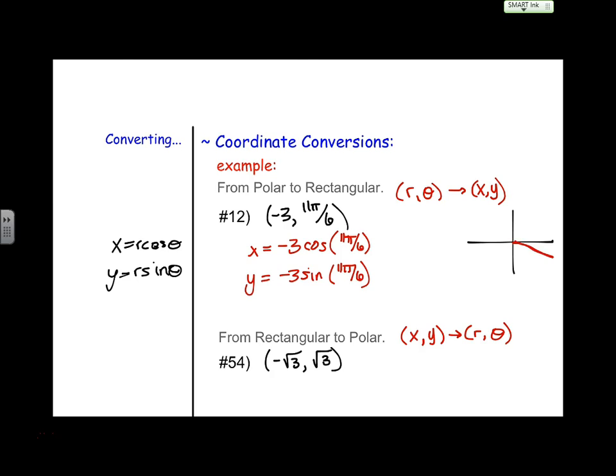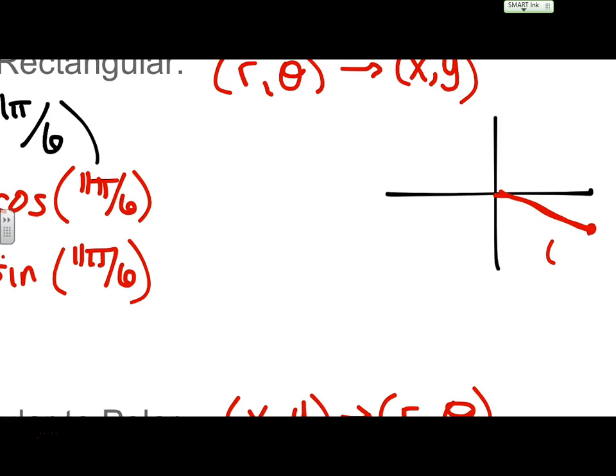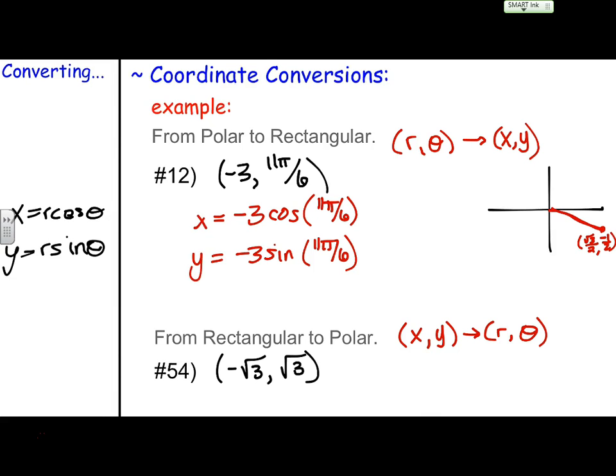That would have the coordinate pair of √3 over 2 for X, and -1/2 for Y. So we go to plug in. -3 cosine is the X, which would be √3 over 2. Sine would be the Y, which would be -1/2. And we're making a point out of it. So the X is going to be -3√3 over 2, and the Y is going to be 3 over 2.